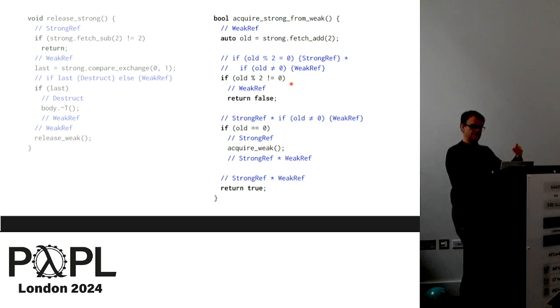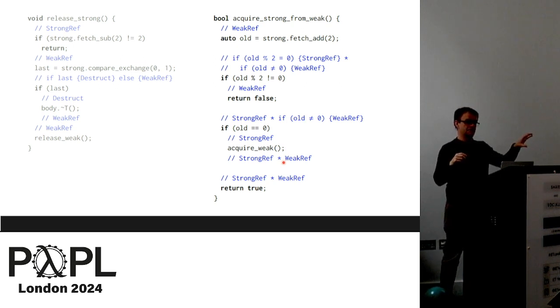If we did succeed in the increment, we need to check one more thing, which is, did we move ourselves away from strong 0 to strong 1? If the previous value, old, was 0, then we actually have to go and create a new weak reference. We had a weak reference to do this operation, but because we moved it from 0 to 1, we lost our weak reference because someone else could come along and need it.